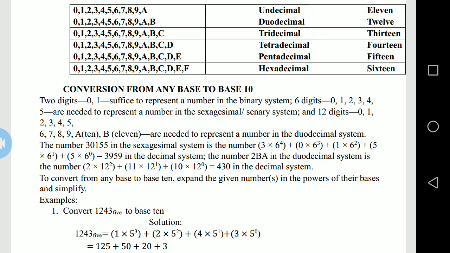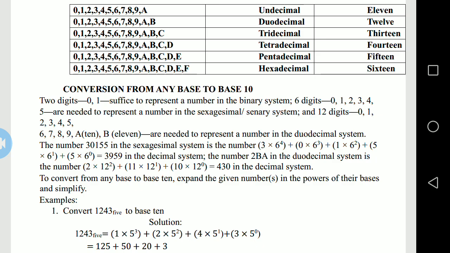Now, also in the decimal system, the number 2AB in the duodecimal system is the number 2. The base here is 12. Duodecimal is base 12. So we have 2 times 12, which is the base, to the power of 2, plus 11 times 12 to the power of 1, plus 10 times 12.